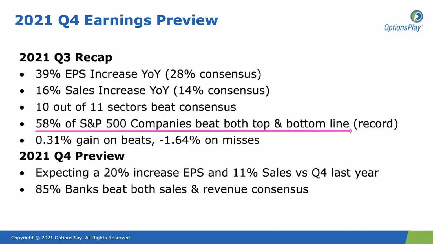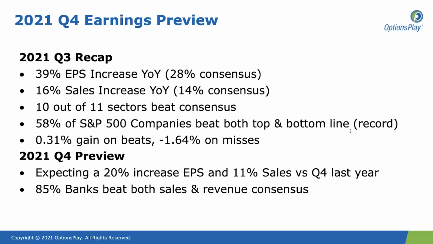So this is a number that's relatively low, with only 58% of companies beating both sales and earnings numbers. This is on the lower end of the spectrum, if you will, of the percentage of companies that beat on both top and bottom line.